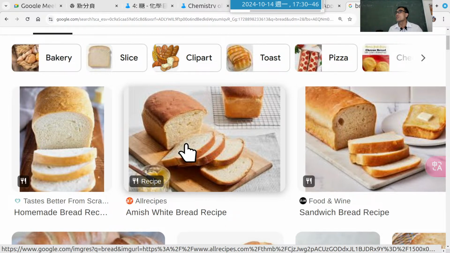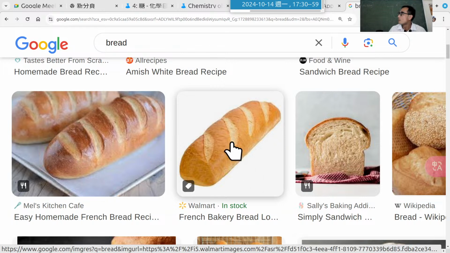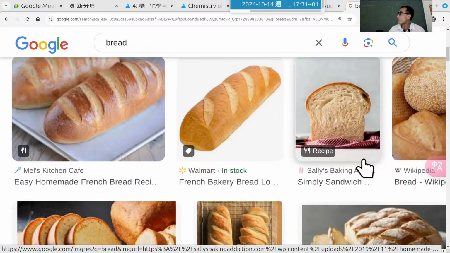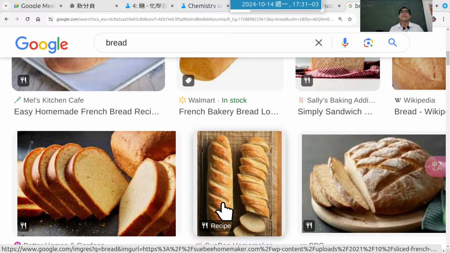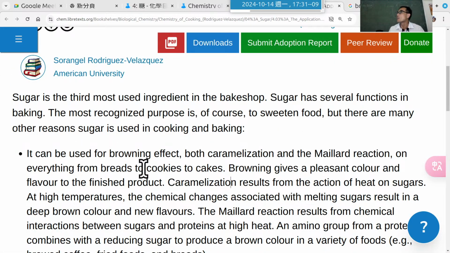Free sugars and free amino acids, when they combine together, will appear after the high temperature treatment. They will appear like this. And fresh bakery bread like this. It looks very yummy. Okay, then come back. That is called the browning effect or browning reaction.